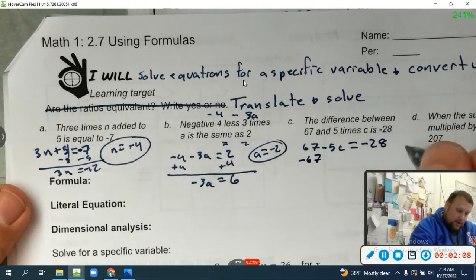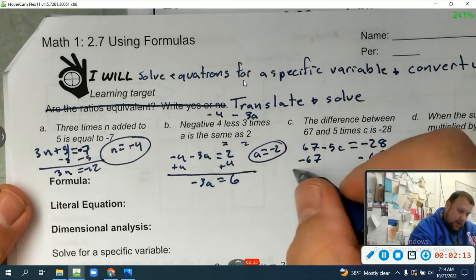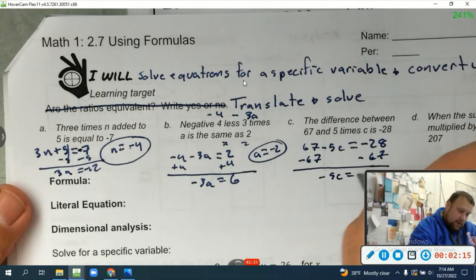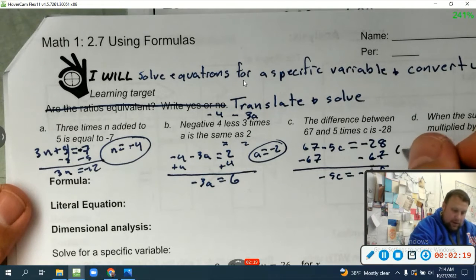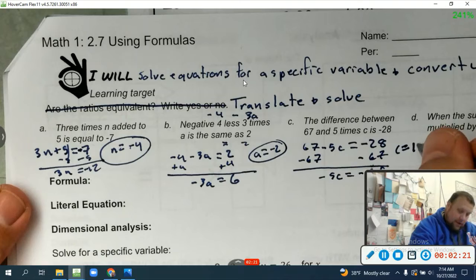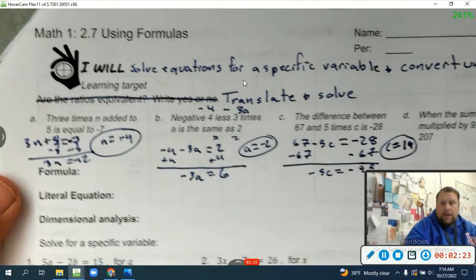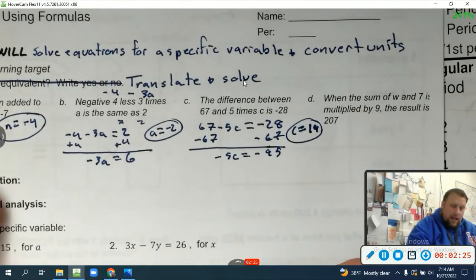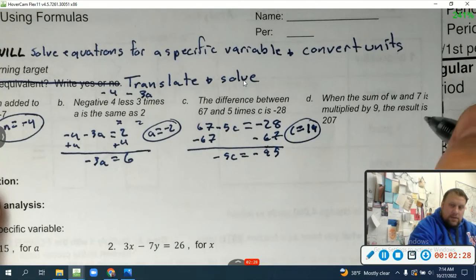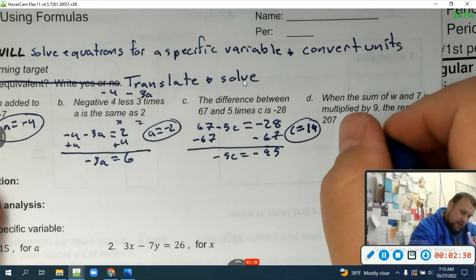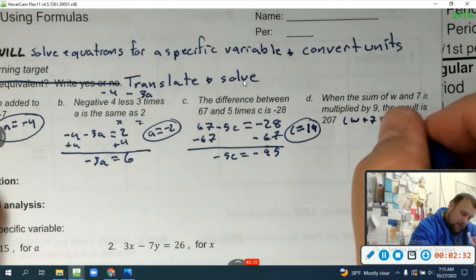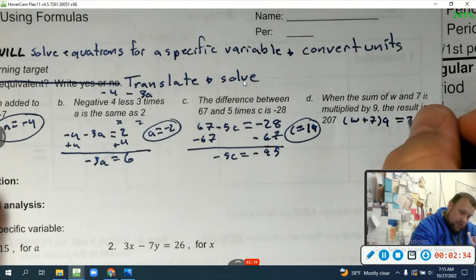Again, let's subtract 67 minus 67, which is going to be what? Negative 95. Minus 5c equals negative 95. Divide both sides by negative 5, and we get that c equals positive 19, because a negative divided by negative is positive. And last but not least, the sum of w and 7, so that's what? w plus 7 times 9 equals 207.